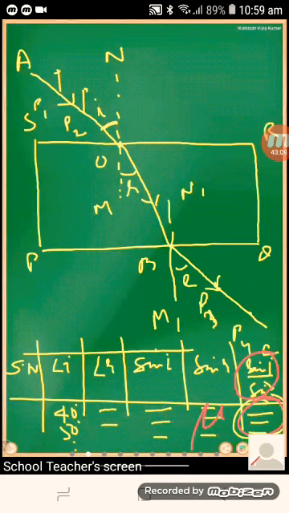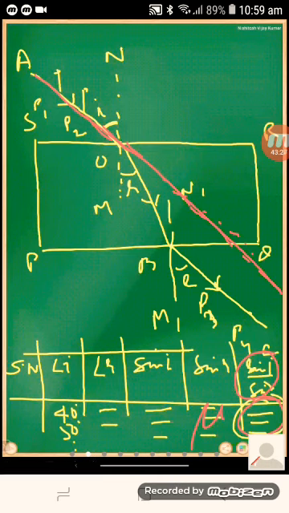Now the third part, that is lateral displacement. For lateral displacement, from the incident ray, you use your ruler and draw a straight line. Now, this is basically the path the light should have been traveling if we had not kept the glass slab.